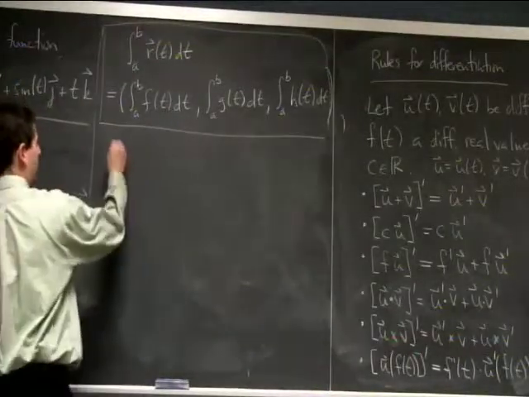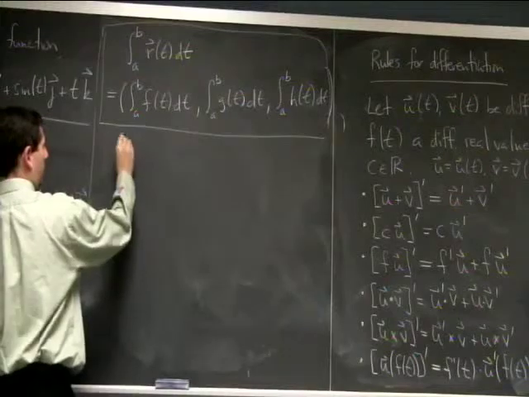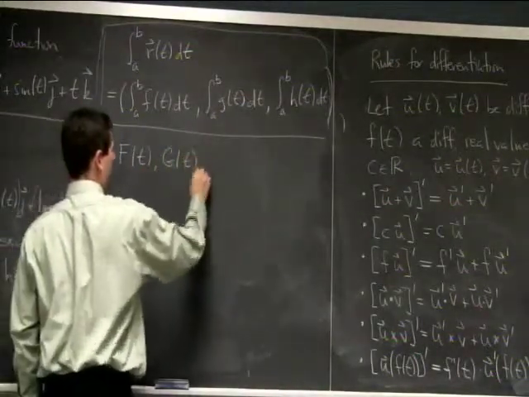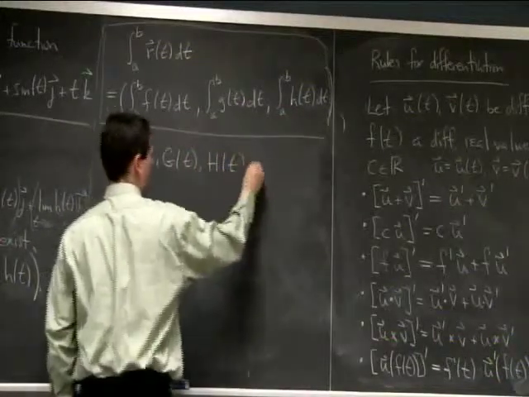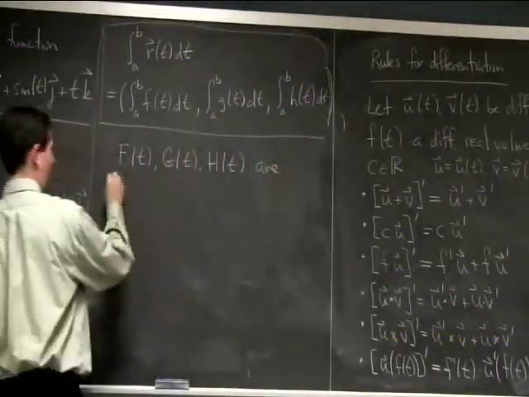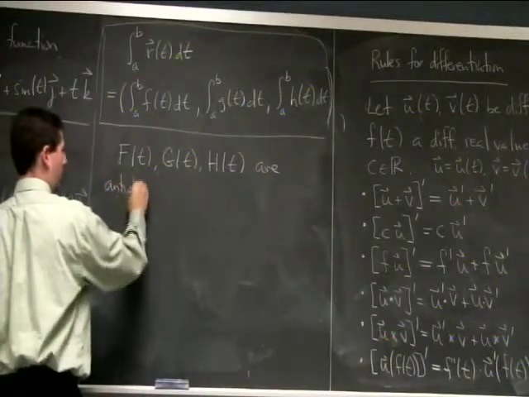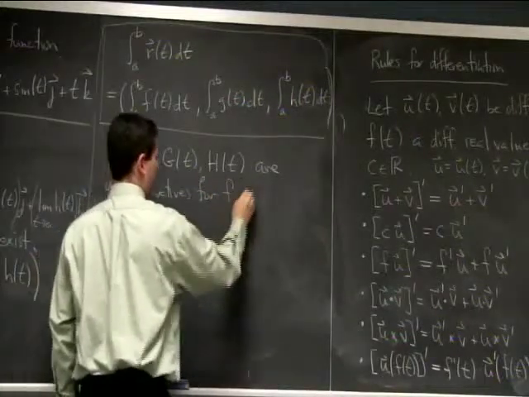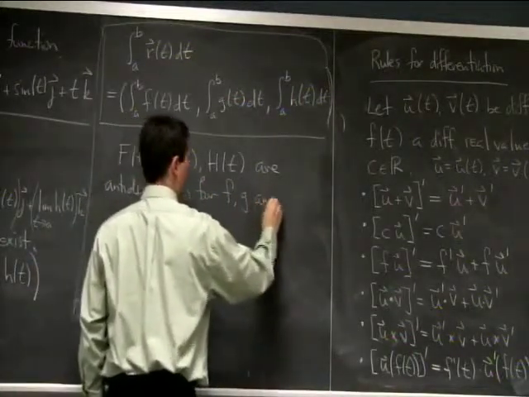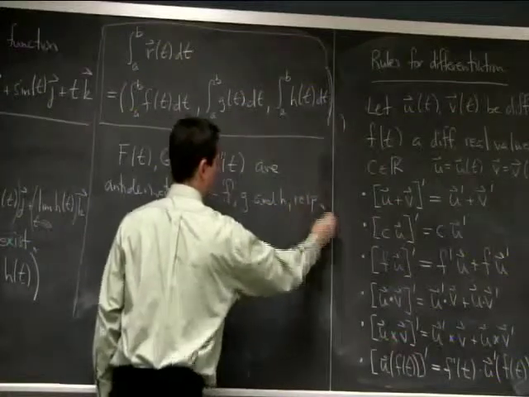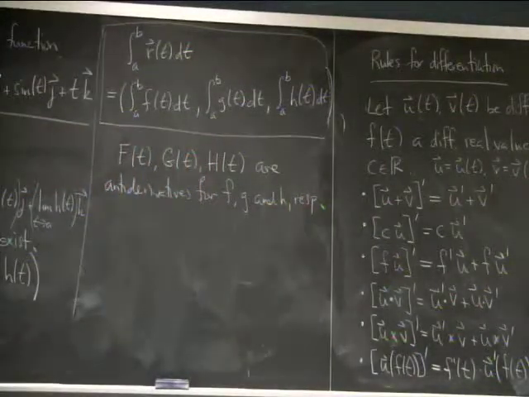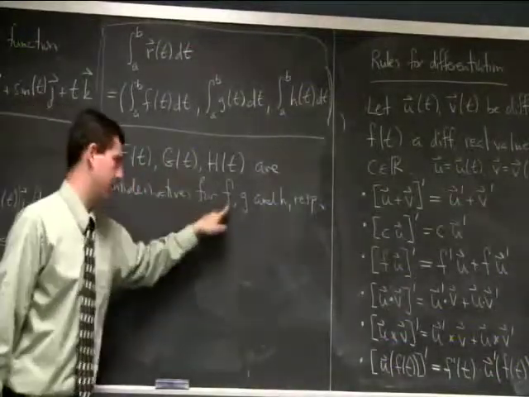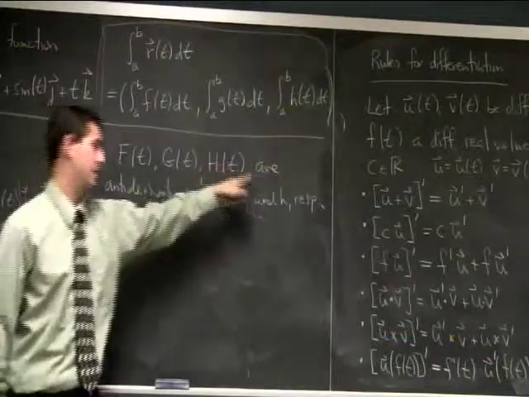If you write, well, let's say that big F of t, big G of t, and big H of t are antiderivatives for f, g, and h, respectively. Respectively here, in case you don't know how this expression is used, means big F is the antiderivative for f, big G is the antiderivative for g, and big H is the antiderivative for h.